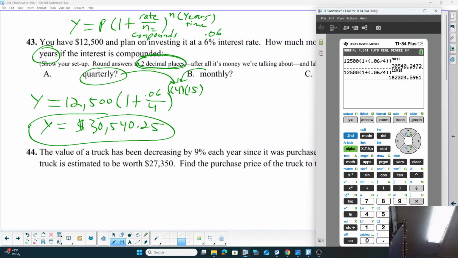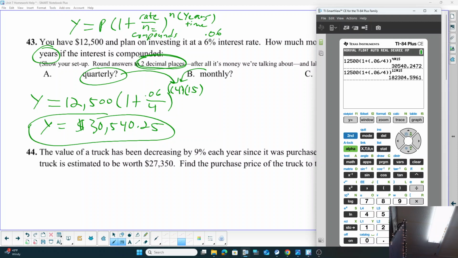Okay, so that's going to be, let me see here. Oh, made a mistake somewhere. So now we're doing 12 times a year. Let's try that again, make sure we did it right. Because that seems like a lot more money. Something's going wrong, and I don't know what it is.